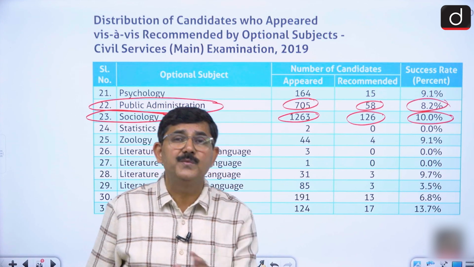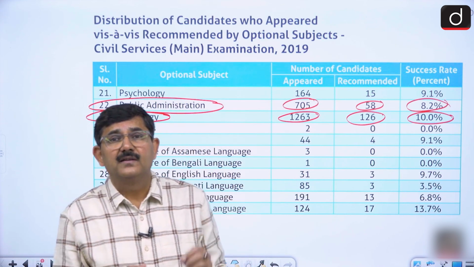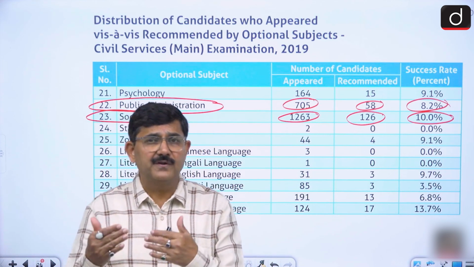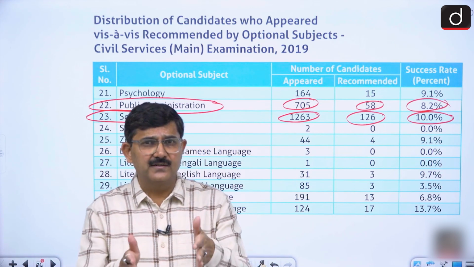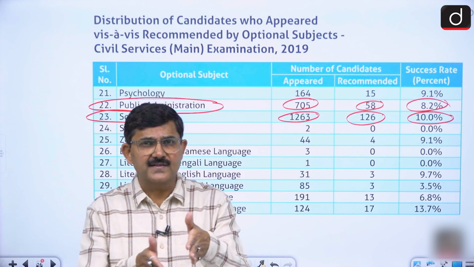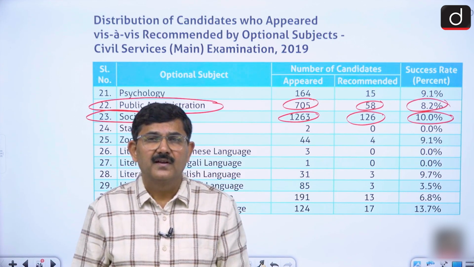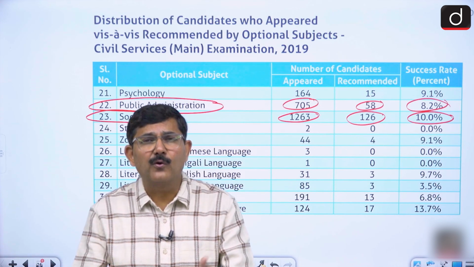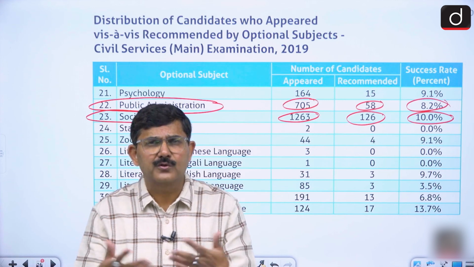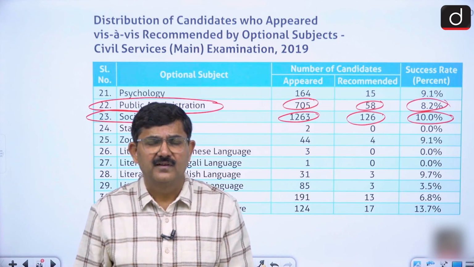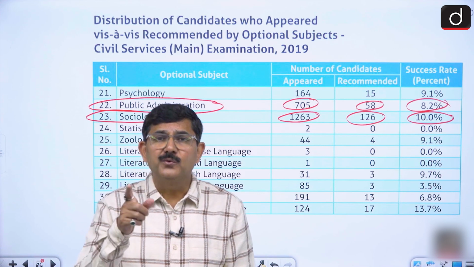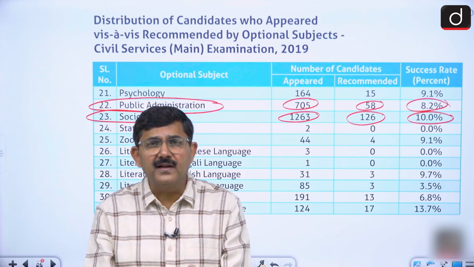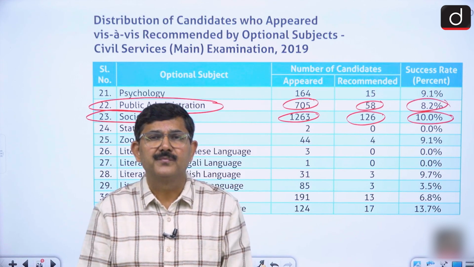Apart from that, and most importantly, the situation-based questions which are asked, when you have to present your answer in a very rational and reasonable manner, sociology and its theories give you a lot of inputs, lots of dimensions, and so you will find yourself in a very comfortable position.